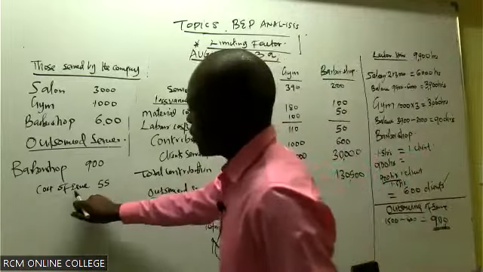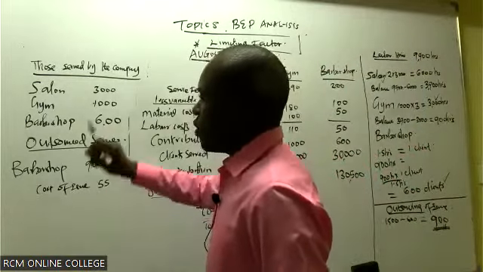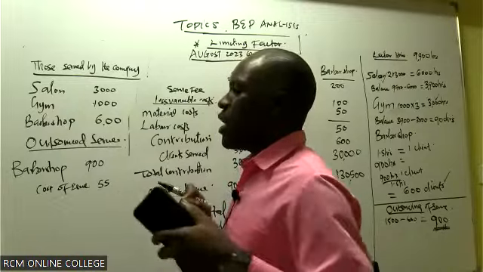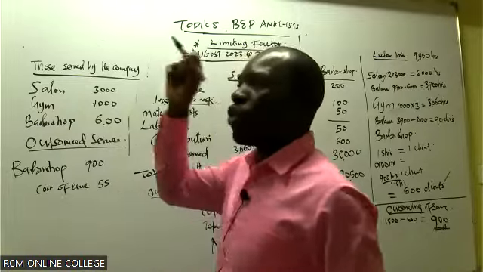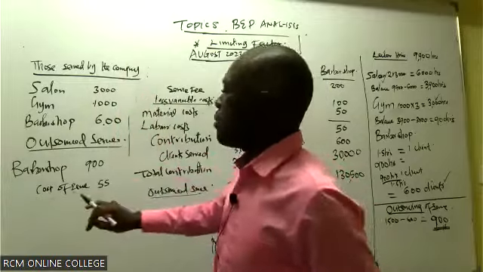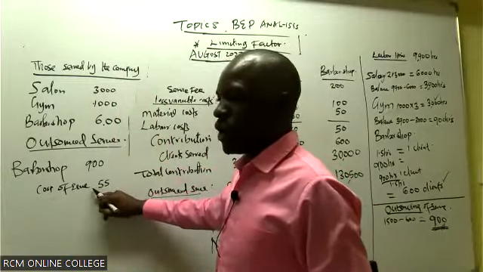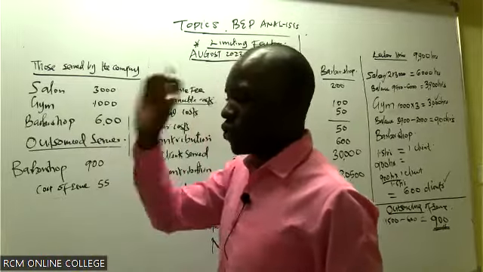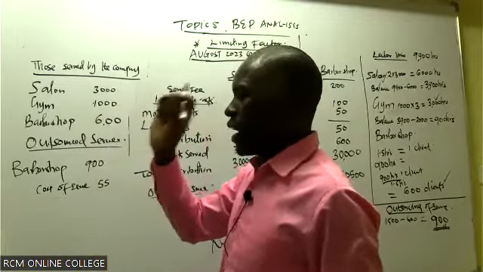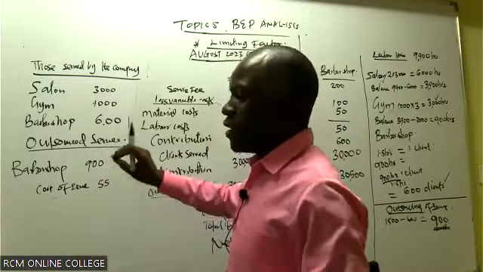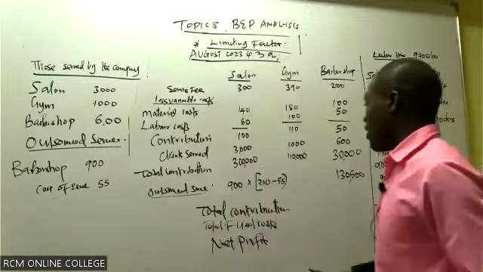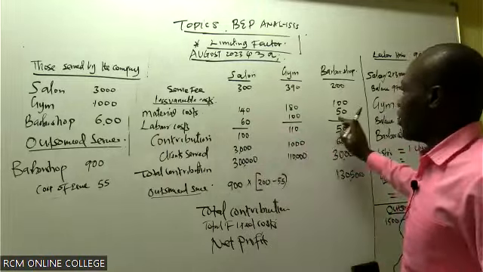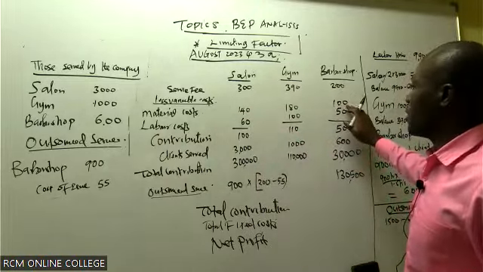The cost of outsourcing this service, whoever was giving you this service or offering this service on your behalf, went to pick it from the store. At the store, it was sold to him at 55. Do we understand? Where did he go to pick it? At the store. And at the store, he paid 55 so that people can offer your service. Now, if they were to offer that service in-house, they would have a variable cost of 150.